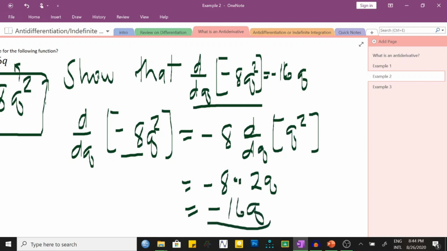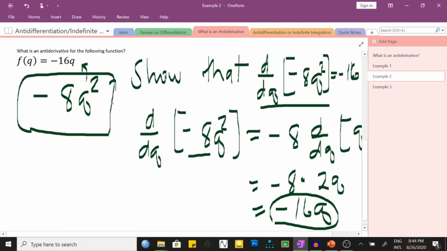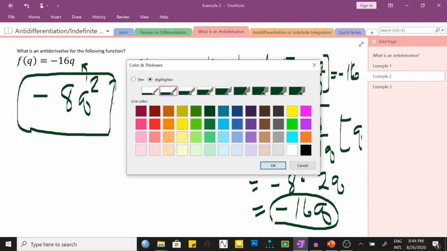Yay! The answer is negative 16q, and that is the original question. What is an antiderivative of negative 16q? So what should be our conclusion?